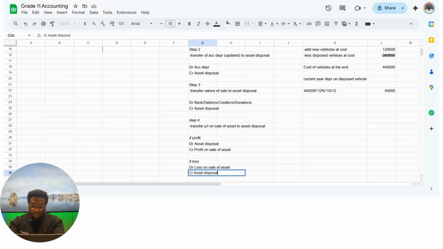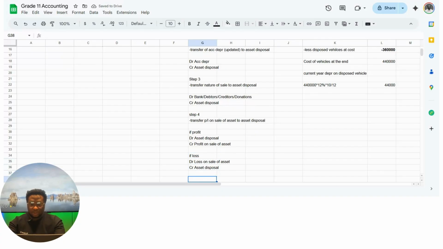Okay, now whether it's a profit or loss, let's make sure that we clarify how a profit is possible. A profit is possible if the selling price of that vehicle is greater than the carrying value.